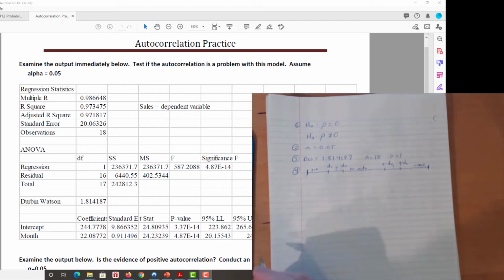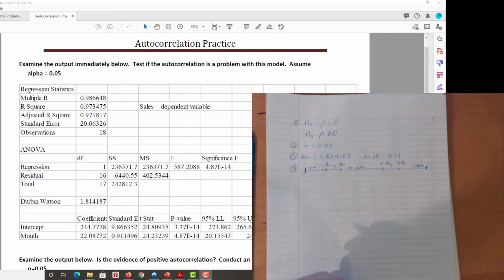Now we're going to look up in the tables, remembering first of all that the Durbin-Watson test was all derived to solve for positive autocorrelation. So the tables really are all one-sided tables. When we see an alpha of 0.05, we're really looking for alpha 0.025.